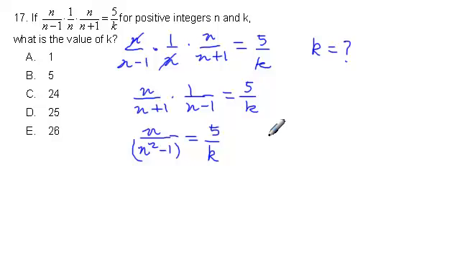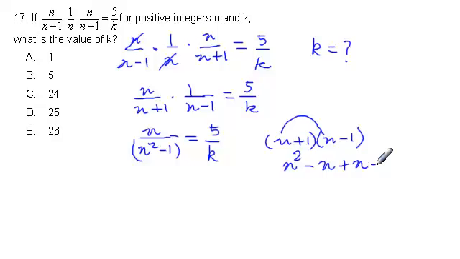How did I get this one? This is the difference of 2 squares: n plus 1 times n minus 1. If you use the FOIL method, this gives you n square, then minus n, then plus n, and then minus 1, and this take away this becomes 0, and that gives me n square minus 1.